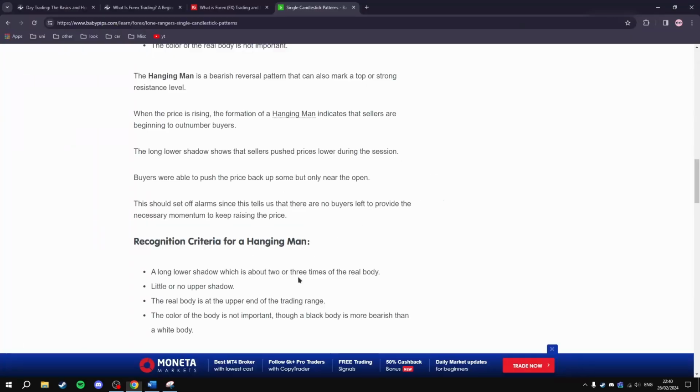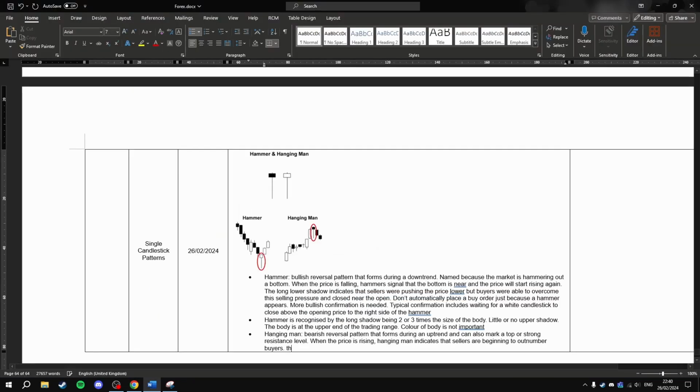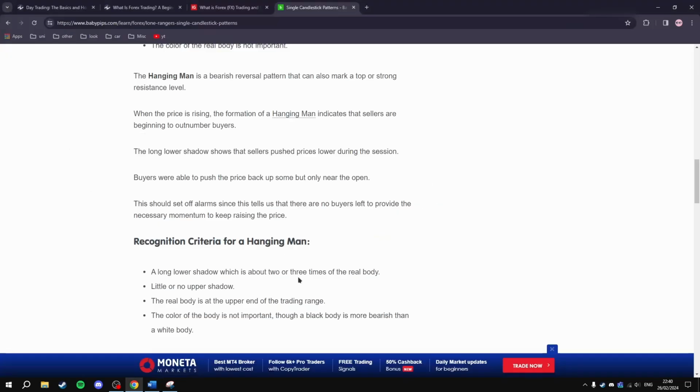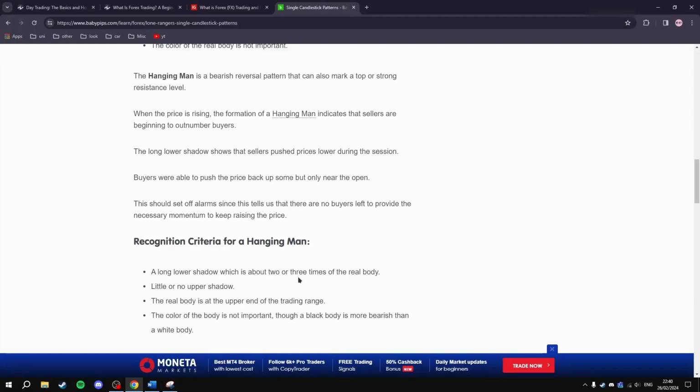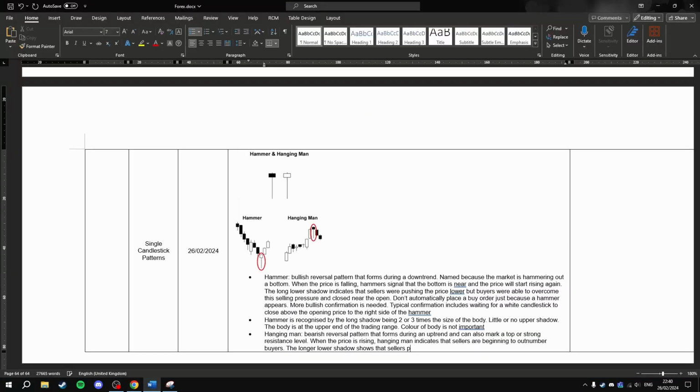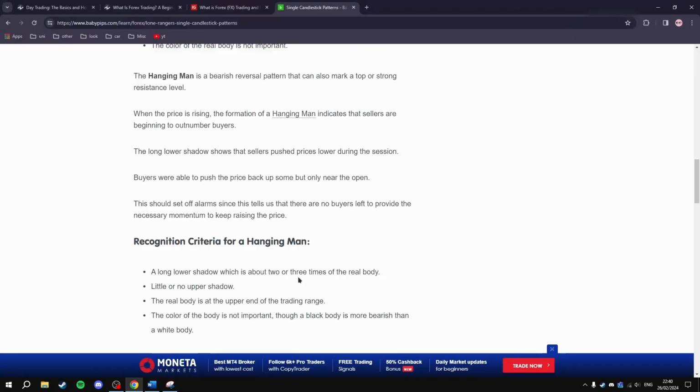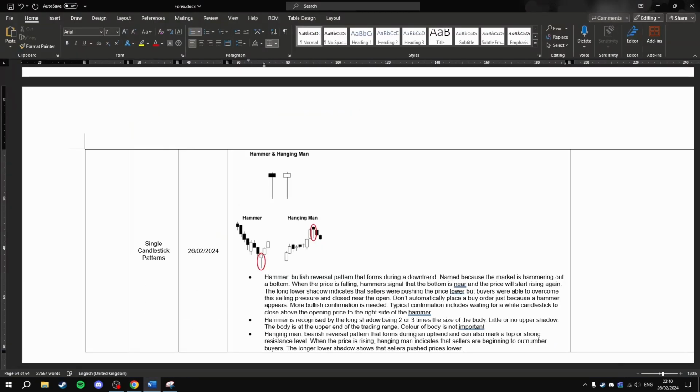So the lower shadow shows that sellers pushed prices lower during the session.